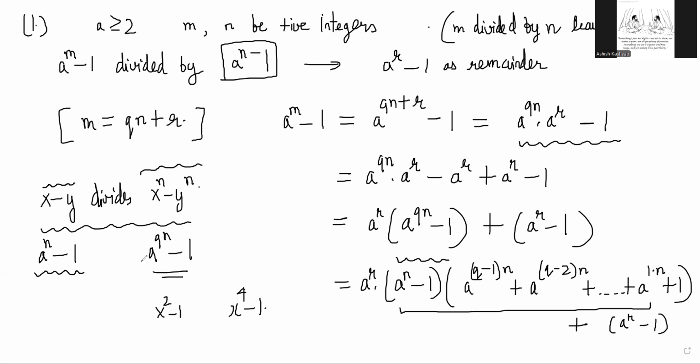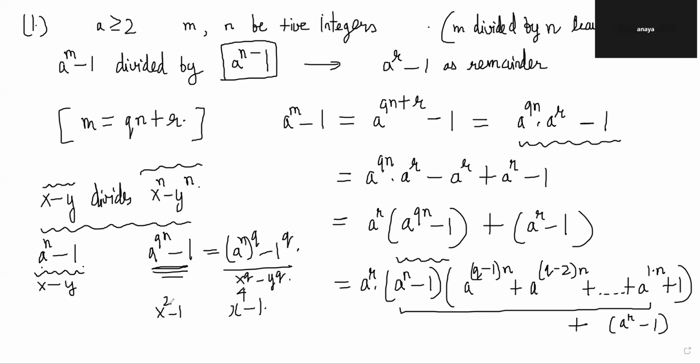A power n minus 1 and a power qn minus 1. We are raising a power n to the power q, and 1 to the power q, right? Call this as x and y. You're getting x minus y is dividing x power q minus y power q, right? That's obviously going to work. So we have been able to write this as a power n minus 1 into this, right?